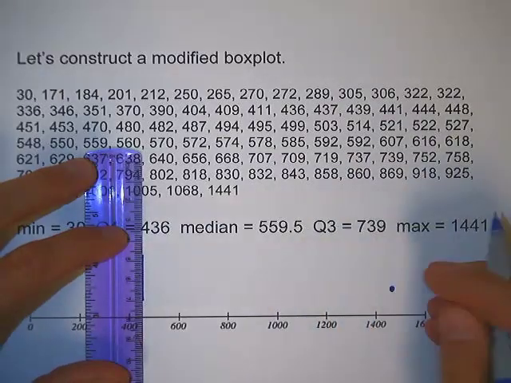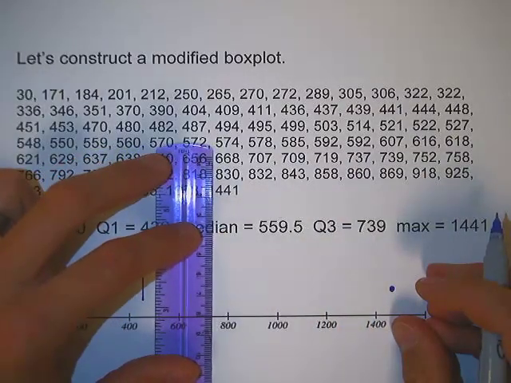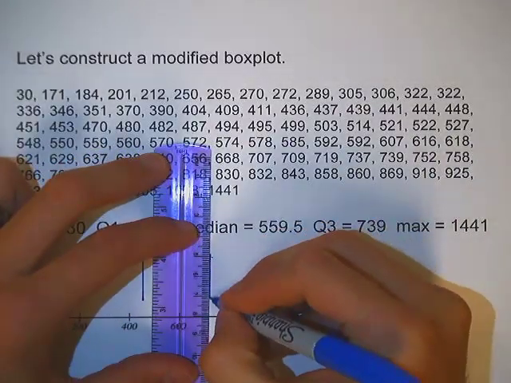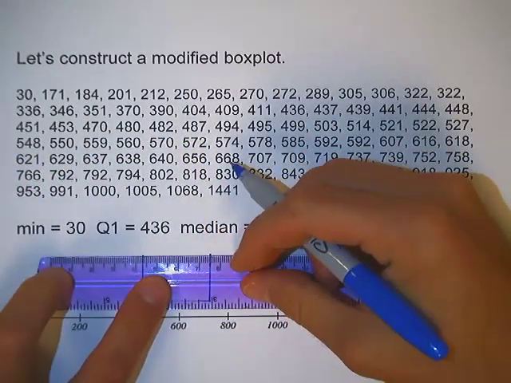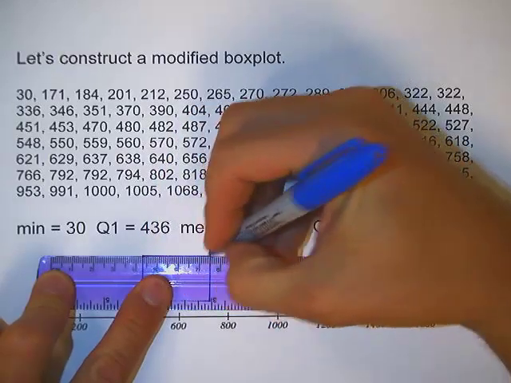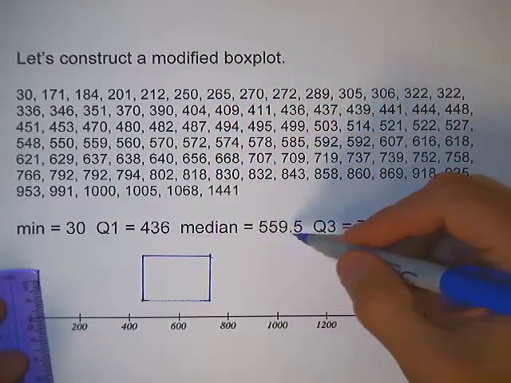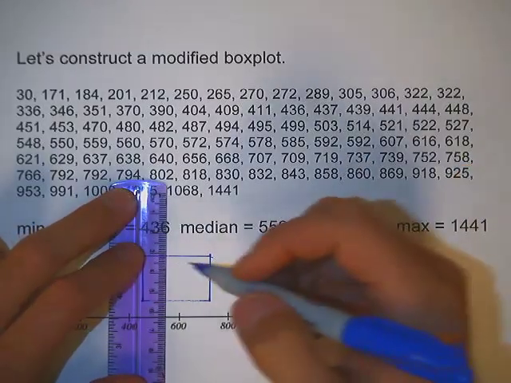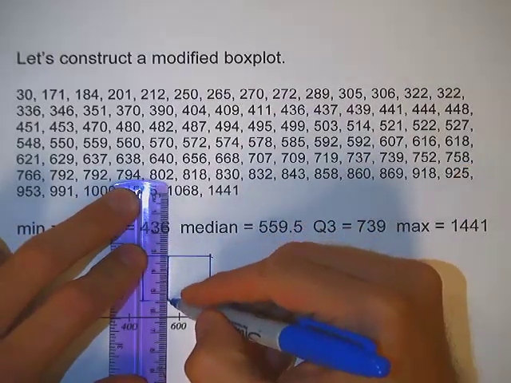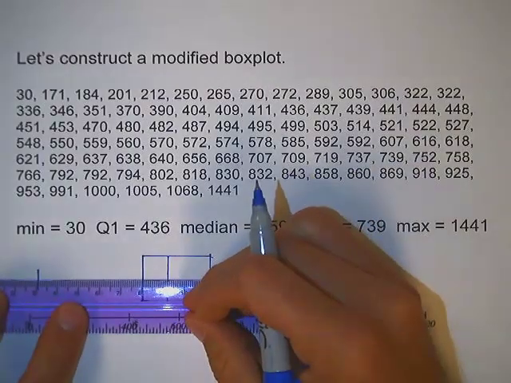My box is going to end at 739, so that's going to be about here. Okay, I'm going to connect these to make my box. So this rectangular region is still just your box. The median of 559.5 is going to go inside of the box here. So that represents my median. Okay, I'm going to connect this whisker.